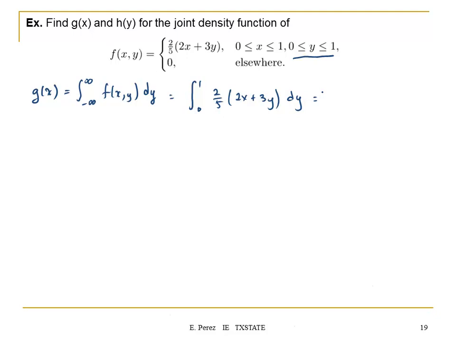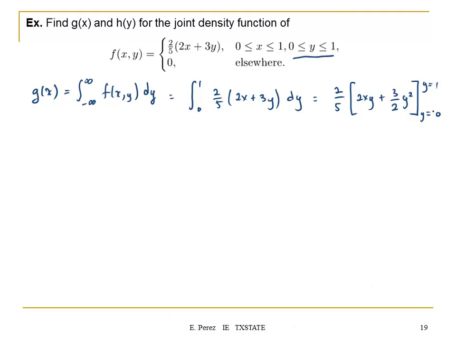And if you integrate that, you have 2 over 5 times 2xy plus 3 half y squared from y equals 1 to y equals 0.